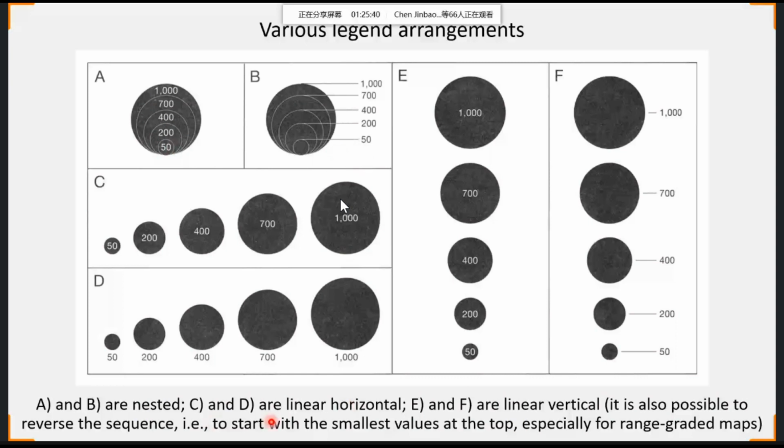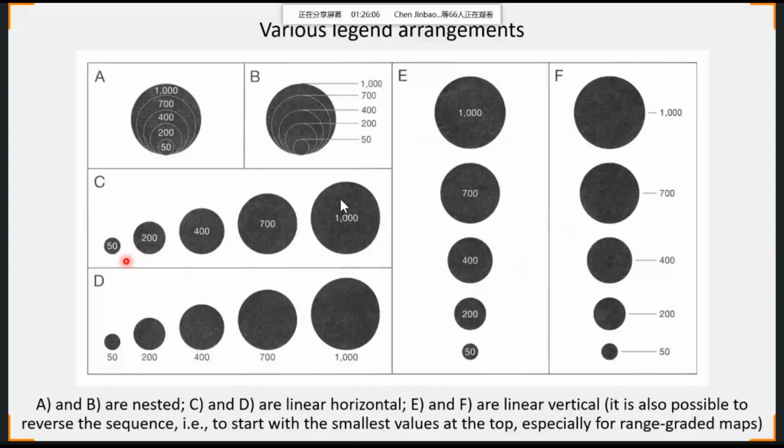C and D here are linear horizontal arrangements. E and F are also linear, but vertical arrangements. It is also possible to reverse the sequence. That means to start with the smallest values at the top, especially for range-graded maps. So here the largest numbers are on top, but you can also change that.